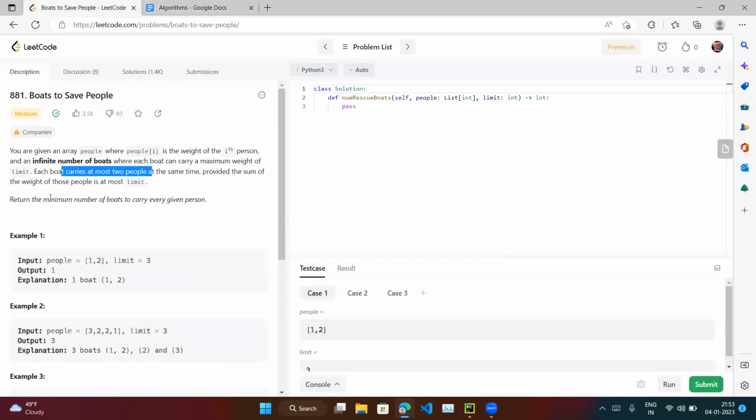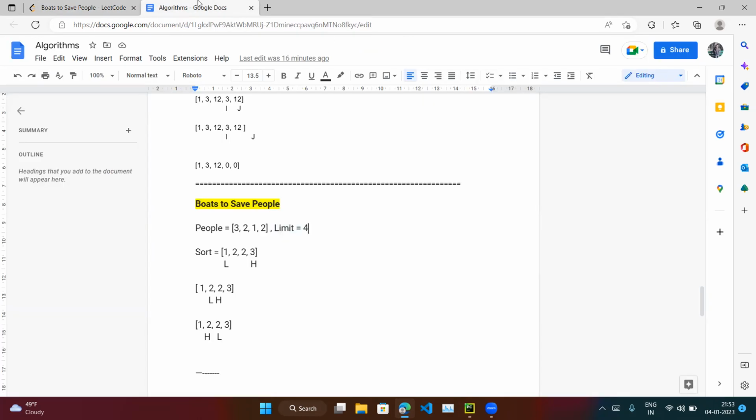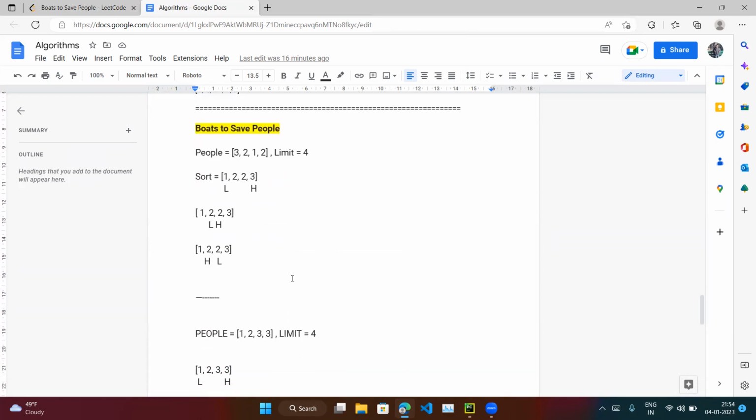But the question also says we have to find the minimum number of boats. It's not like, okay, with four people, we check 3 plus 2 is not fitting, okay, 3, then 2 plus 1, then 2. It's not like that, we have to find the minimum number of boats. So whatever logic we write, by whatever method, we have to add the sum of two people.